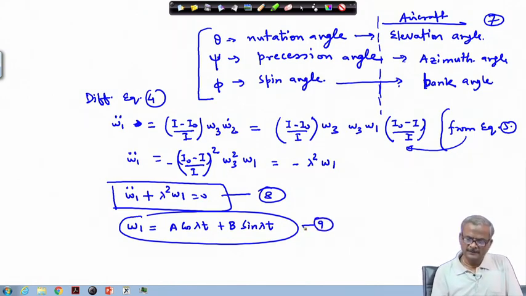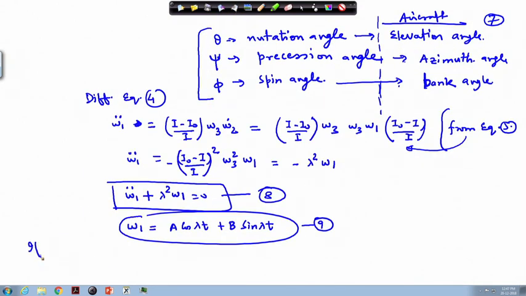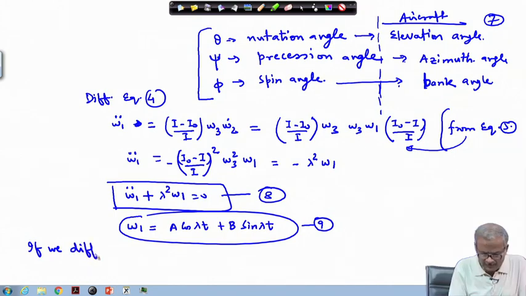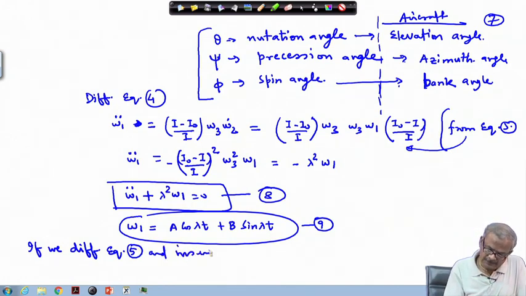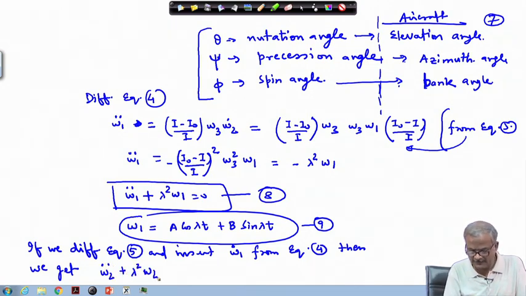Similarly, if you differentiate equation 5 for omega 2 dot, with omega 3 constant, and insert omega 1 dot from equation number 4, then we get omega 2 double dot plus lambda square omega 2 equal to 0.